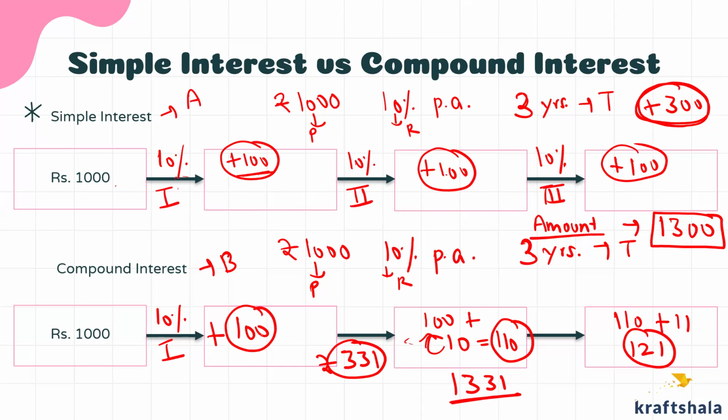But in the case of compound interest, first year में same 100, second year में 100 का 10%, 110, third year में 110 का 10%, fourth year होता तो 121 plus इसका 10%. So the value will keep on changing. Right? So this is pretty much about simple and compound interest. How do they work and what are the values?